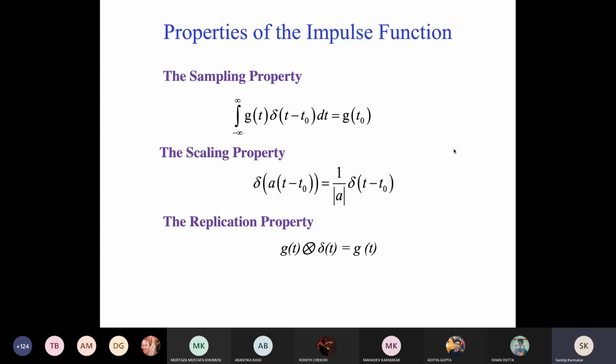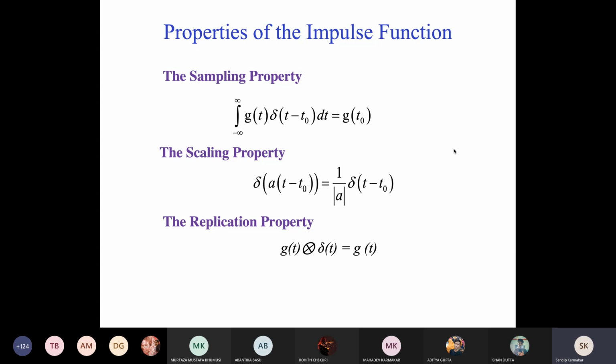The scaling property: delta(a(t minus t0)) equals 1 by mod a, delta(t minus t0). And the replication property is that g(t) convolution delta(t), we will see later what this symbol is, equals g(t). So three properties are there for the impulse function.